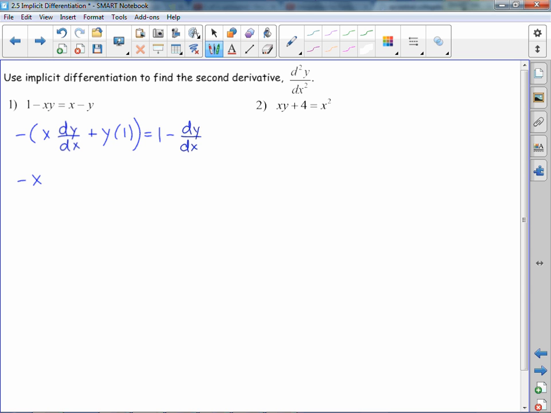All right, let's solve for dy dx. Distribute the negative. And then we want to bring the dy's together and move everything else to the other side. So I'll be adding the y over to the right side. Over on the left side I'm going to have negative x dy dx. I'm going to add the dy dx from the right side.